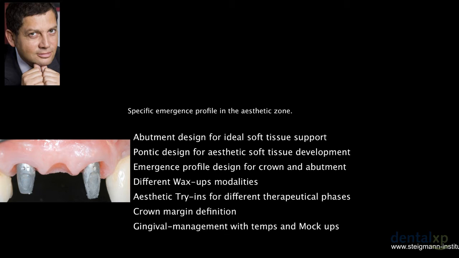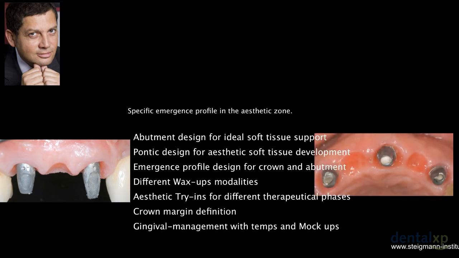It used to be a time when we used to put the crown margins on the shoulder of the implants with specific implant systems, but today we know that it's good to keep the gingival margin as far away from the implant shoulder as possible. And then we can change and adjust the gingival management with temporaries and mock-ups according to our needs.